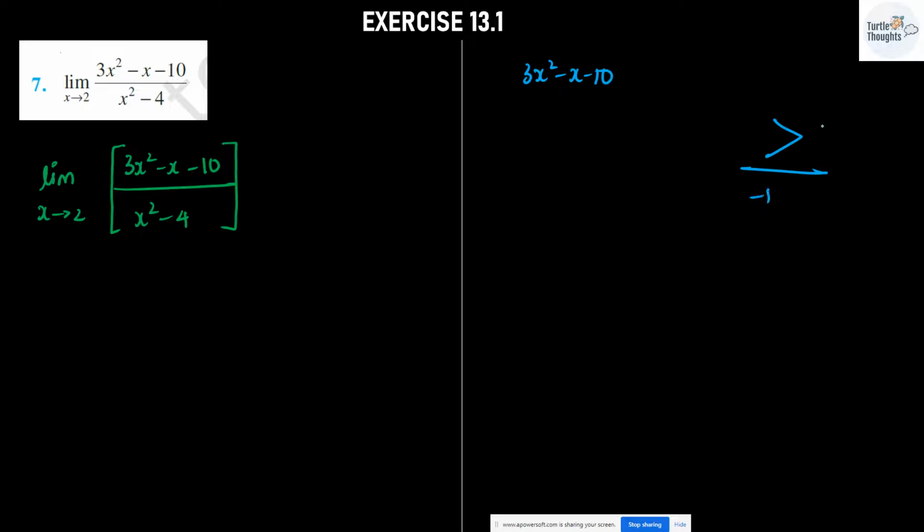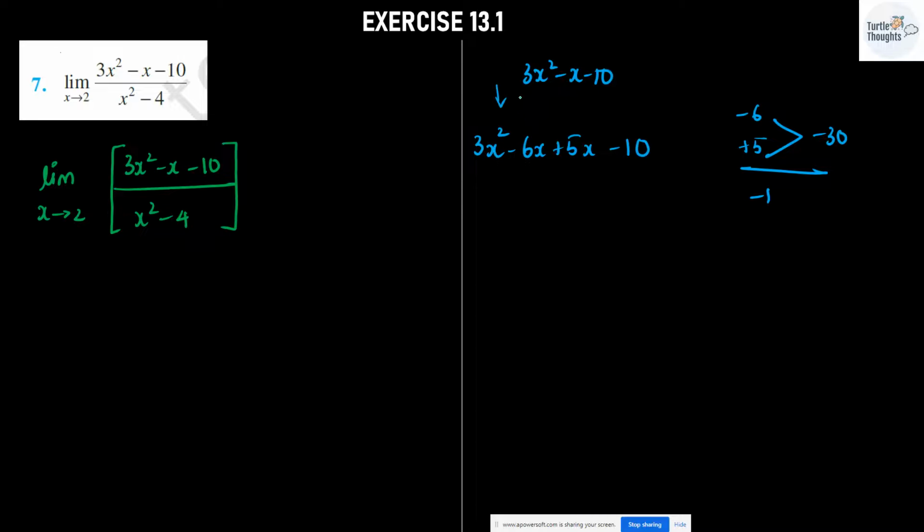Here I will be getting minus 1, here I should be getting minus 30. So I should be taking two numbers. When I add, I should be getting minus 1, and when I take the product, I will be getting minus 30. Those are minus 6 and plus 5. So by factorization or by splitting the middle term, 3x square minus x minus 10 can be written as 3x square minus 6x plus 5x minus 10.